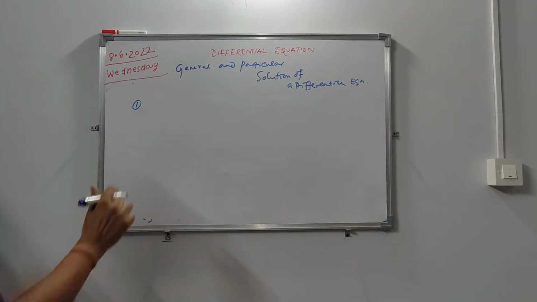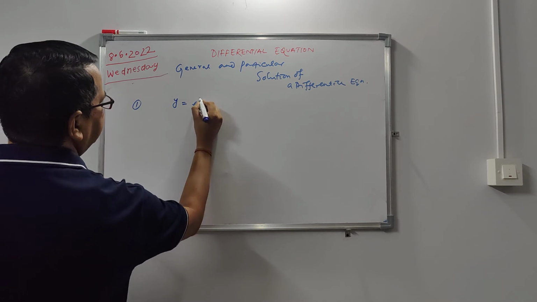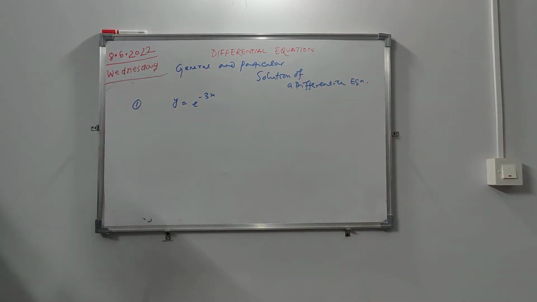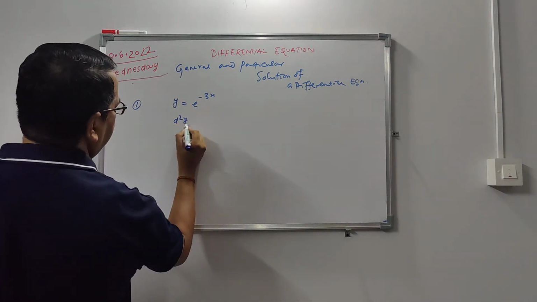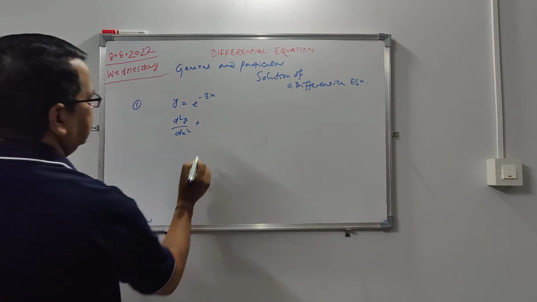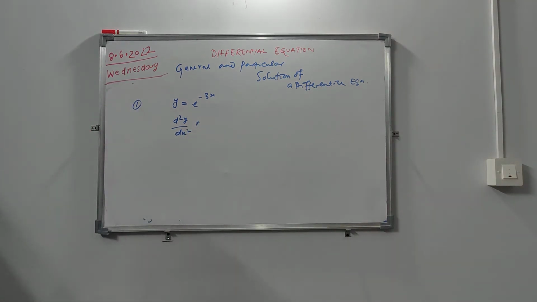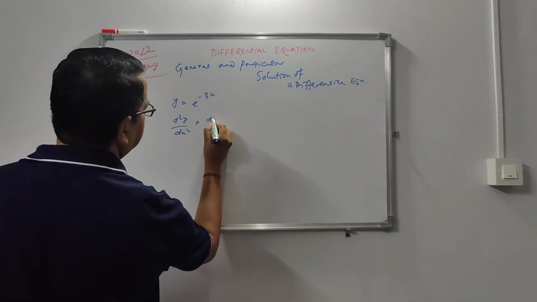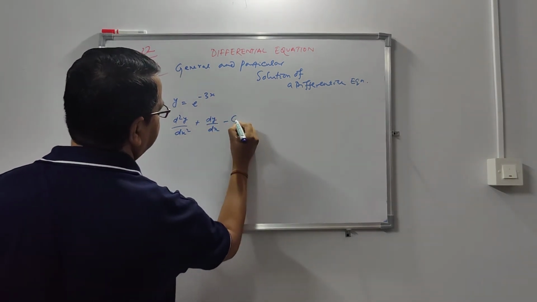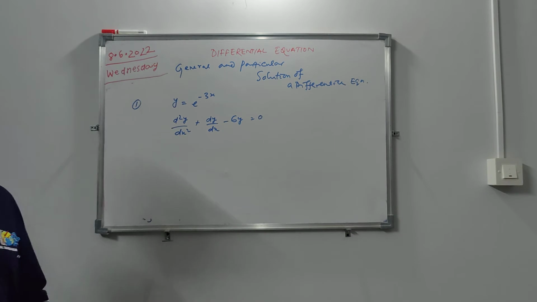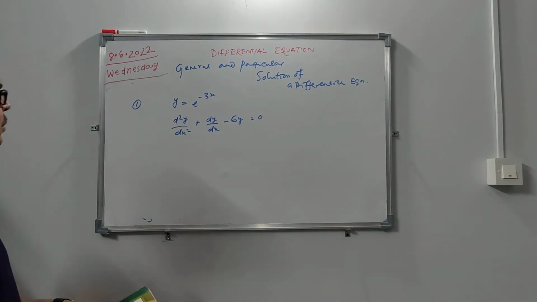So let us say y is equal to e to the power minus 3x. I am not deriving, I am just checking. My differential equation is d square y by dx square plus dy by dx minus 6y is equal to 0. Substitute that in this. So the question is, verify that y is equal to e to the power minus 3x is a solution of this differential equation.